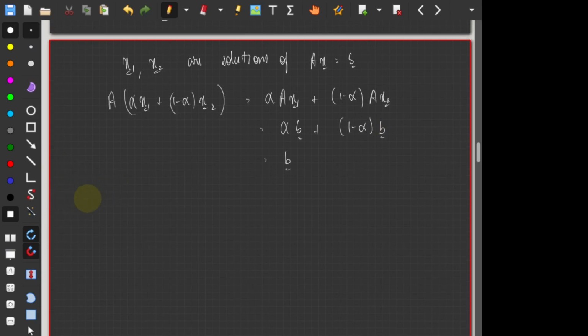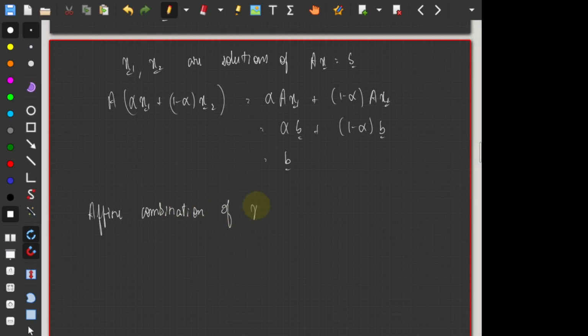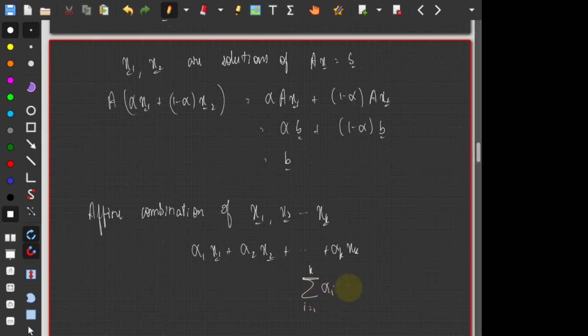In general, an affine combination of any set of points x1, x2, up to xk, let's say I take k points, alpha 1 x1 plus alpha 2 x2, and so on, plus alpha k xk, where the sum of the coefficients is equal to 1, is called an affine combination.